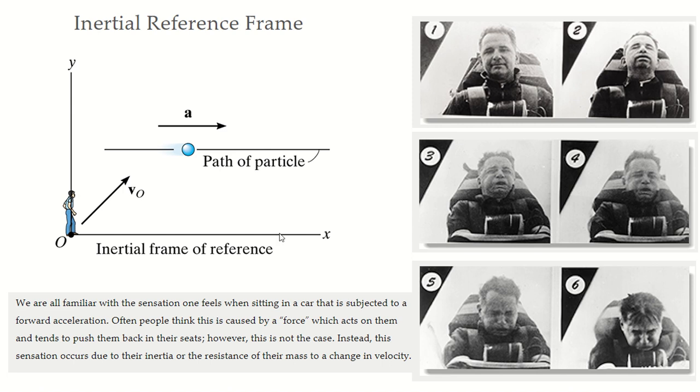So if we put it in a vector diagram, this is the path of a particle going, and this is your velocity going in this direction, your acceleration going in that direction. You have two things going on, somebody walking, and here is the particle path, the inertial frame of reference happening on this axis.